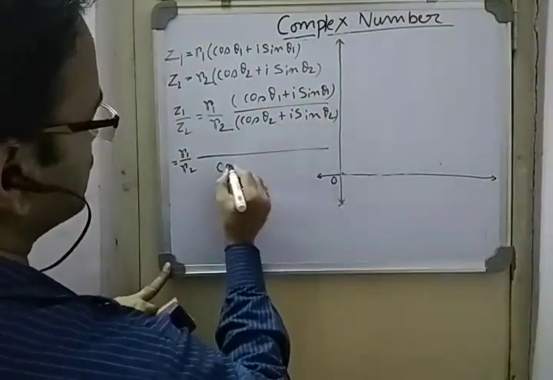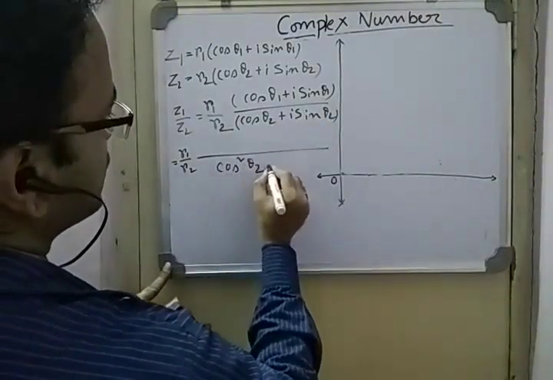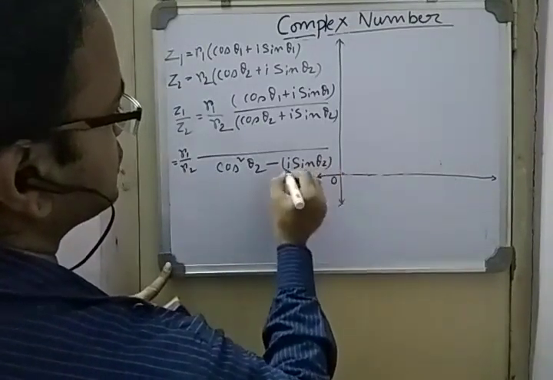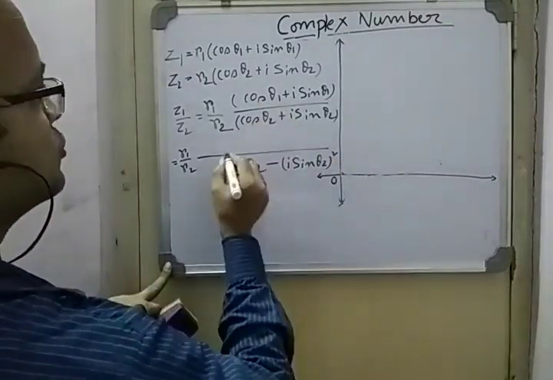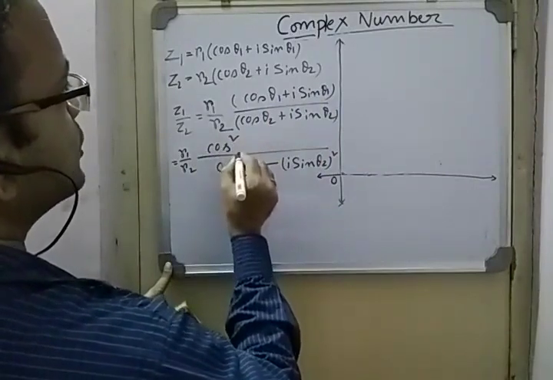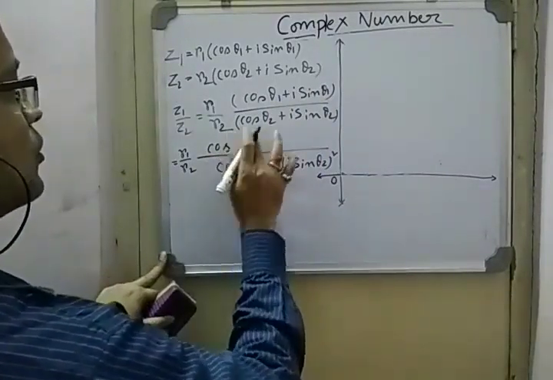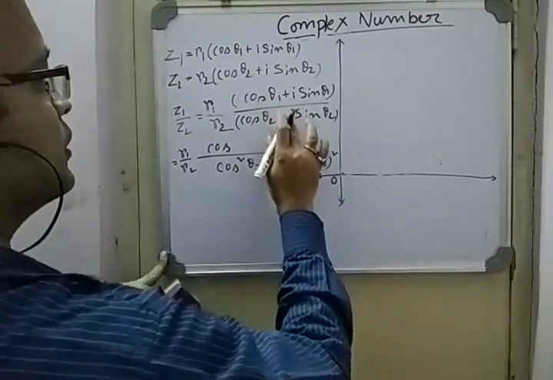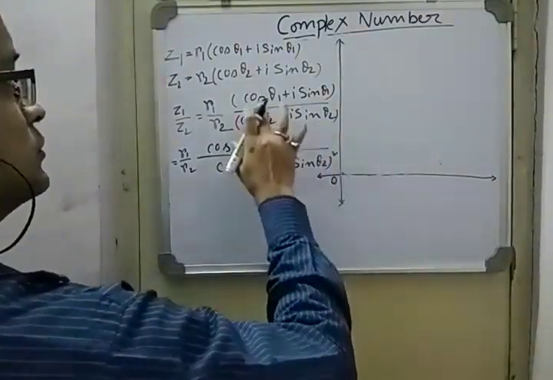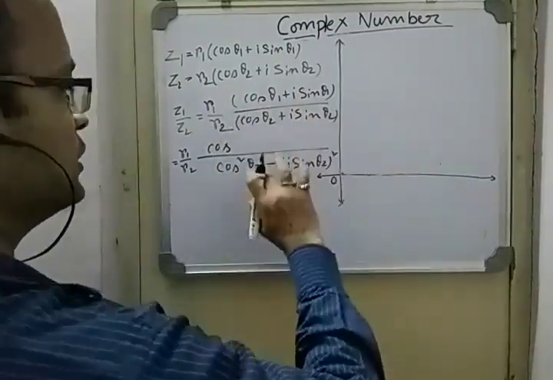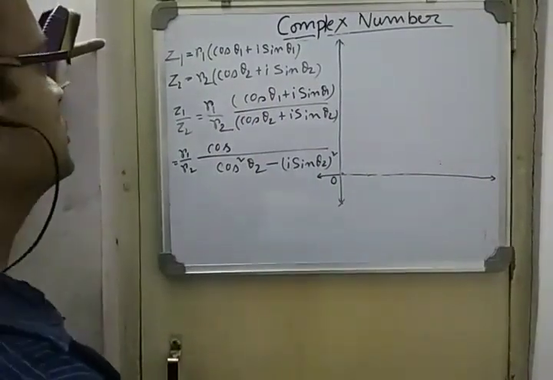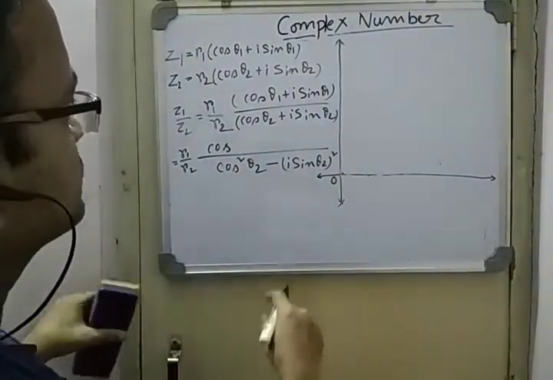If I multiply, I get a plus b times a minus b, so the denominator gives cos square plus sin square. The numerator is cos theta 1 plus I sin theta 1 multiplied by cos theta 2 minus I sin theta 2. So it will be cos theta 1 cos theta 2 minus I sin theta 1 sin theta 2, in the way we discussed with Z1 Z2 in our earlier example.